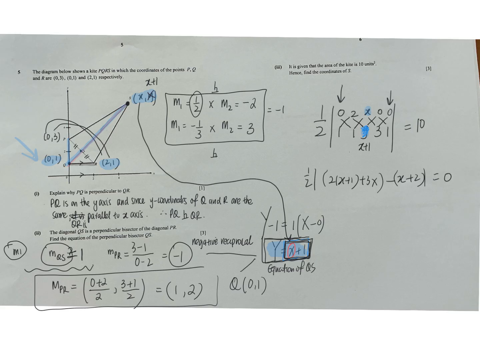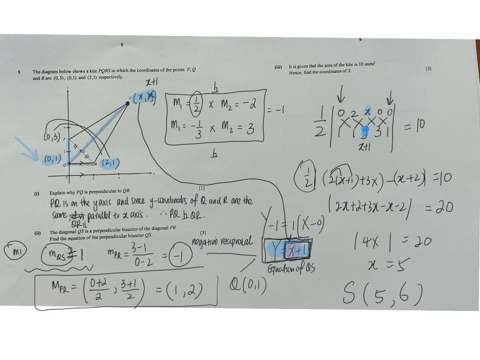Okay, so eventually, if I bring the half over to divide, this one becomes 20. This one is 2x plus 2 plus 3x minus x minus 2. So I get 4x is this. So x is 5. So S would be (5, 6).